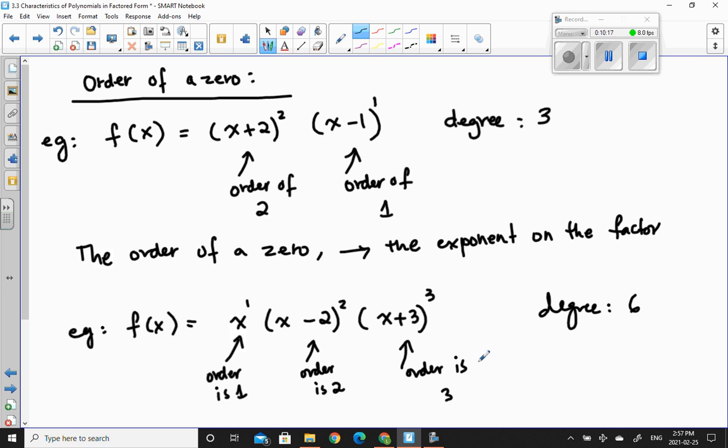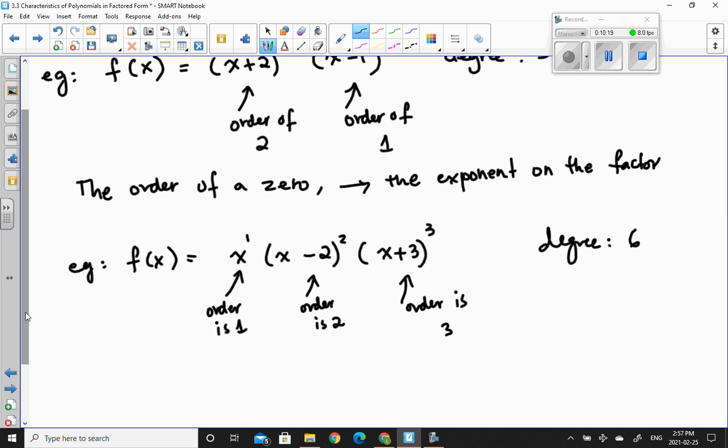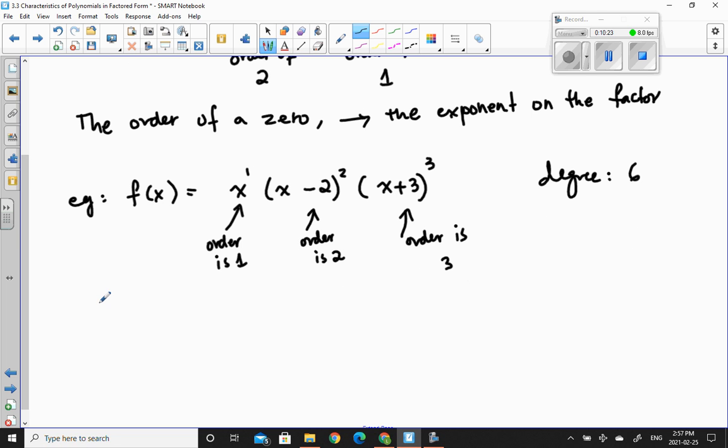Okay? And based on the order, you can have kind of a prediction on what the shape would be. So let's say if you had f of x equals x plus 2 squared. This is a parabola. So any factor that's raised to an order of 2 will have a parabolic shape at that 0.